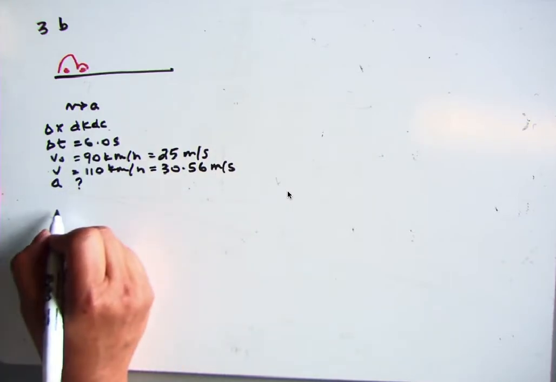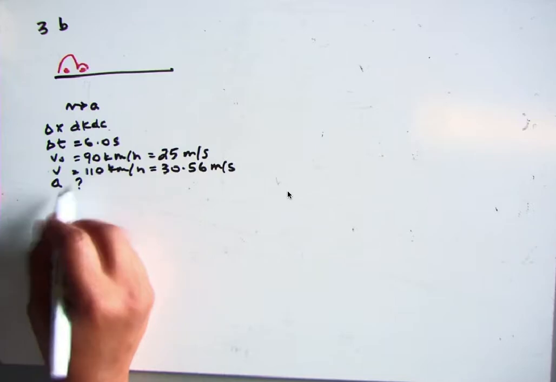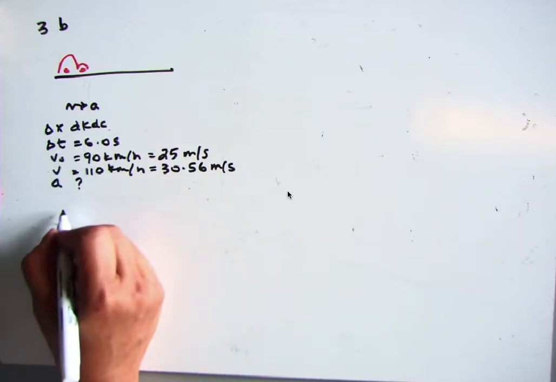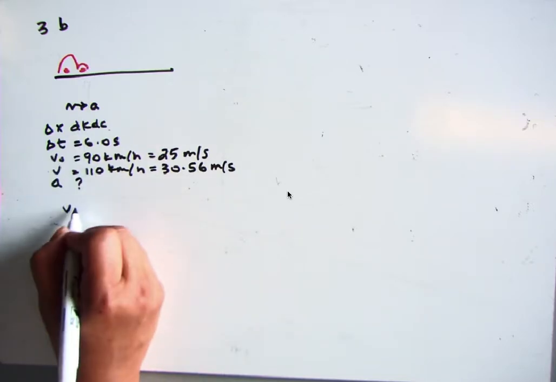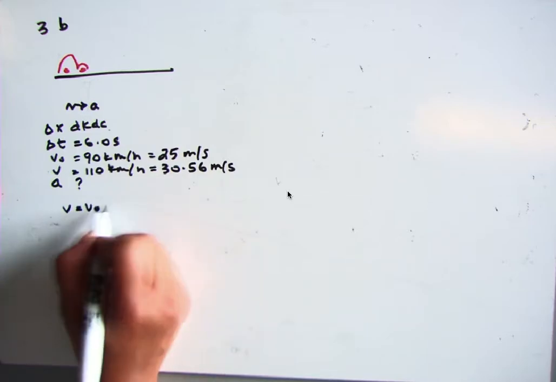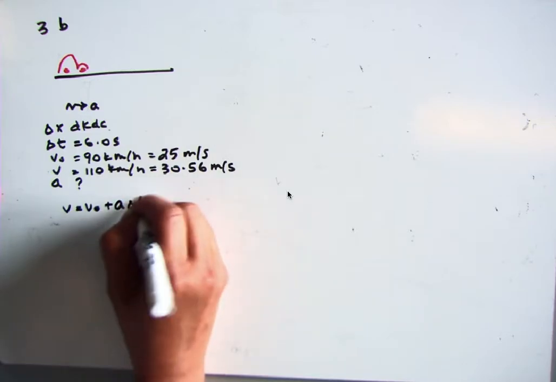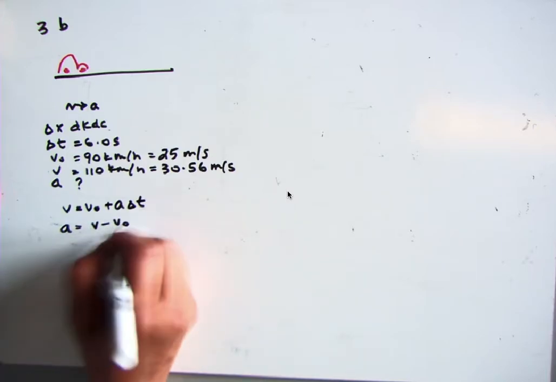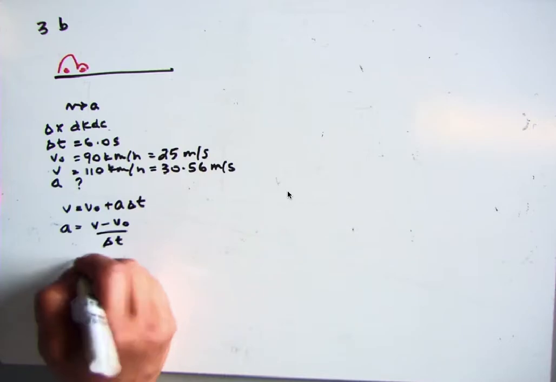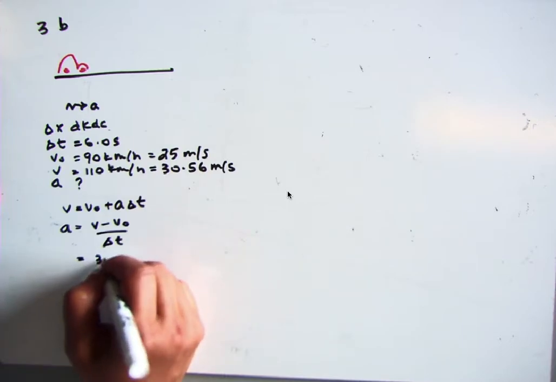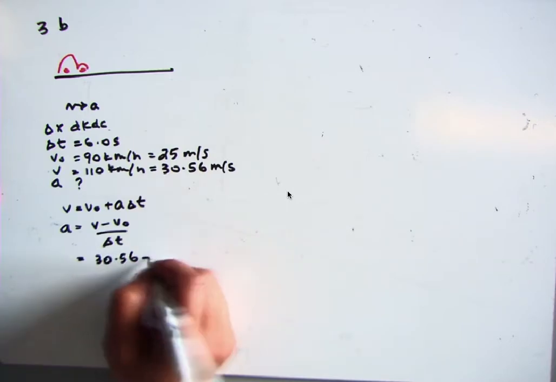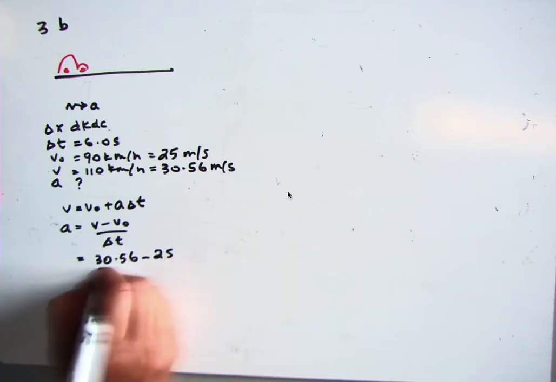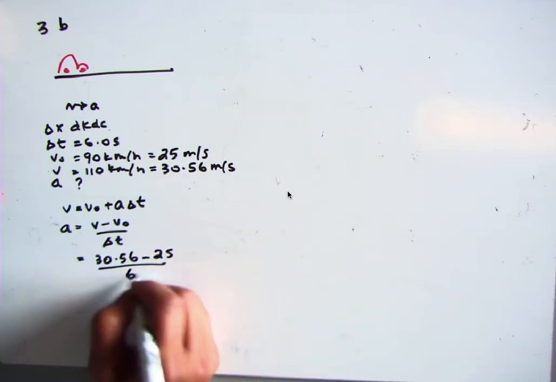So for the acceleration, we will use the equation without delta x. So it's going to be v equals v naught plus a delta t. To find a, it's just v minus v naught over delta t. So that's going to be 30.56 minus 25 over, the time is 6 seconds.